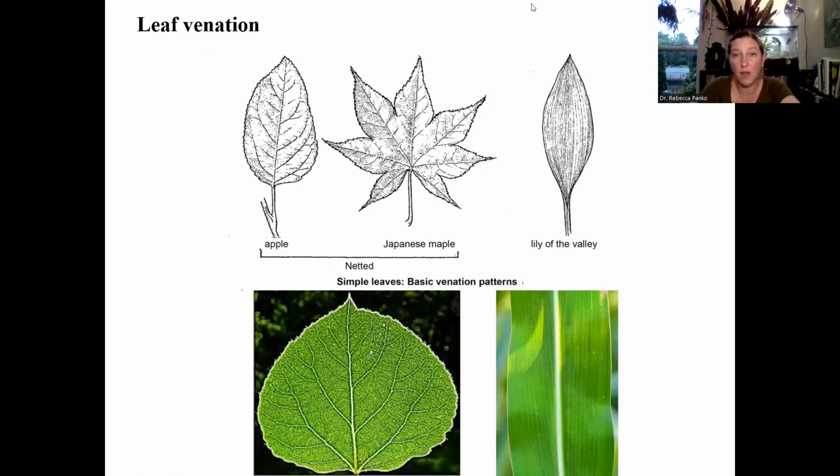The leaf on the left has netted venation. Right? There's a vein, there's a vein, there's a vein, veins coming in between the two, etc. The leaf on the right, which is from a grass, has parallel venation. So the veins run parallel to each other, etc.